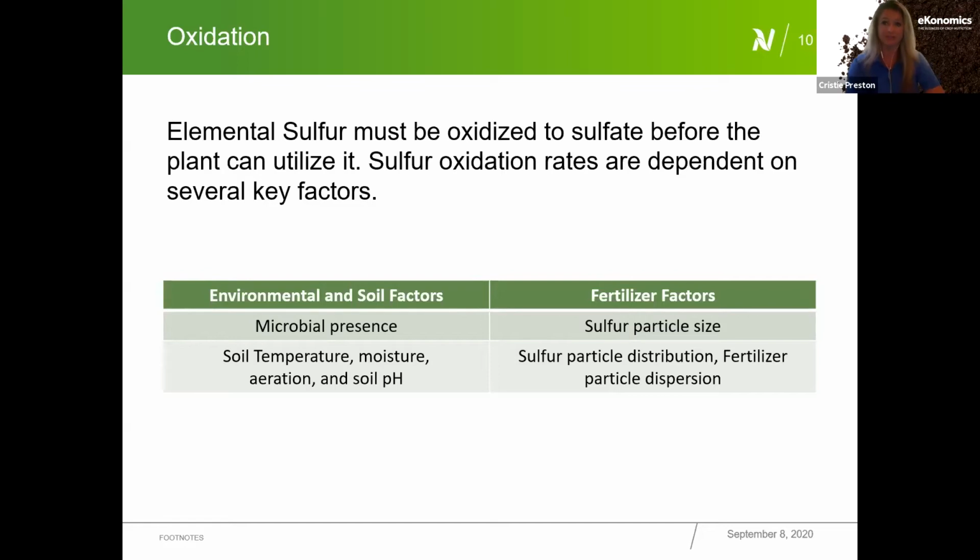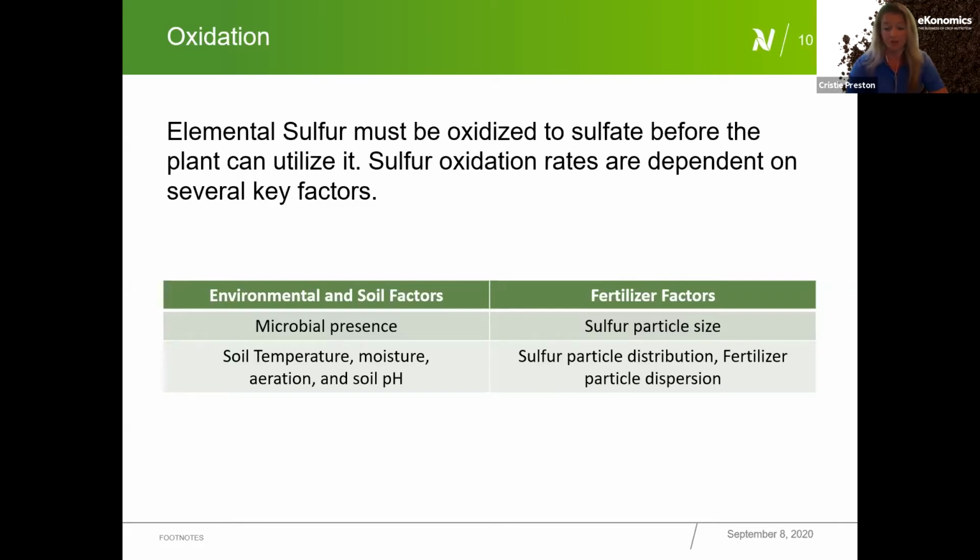But on the other hand, if we're looking specifically at the fertilizer sources, then we're looking at the sulfur particle size within the granule, the distribution within the granule, and the dispersion of that particle. And so if we're taking something like granular elemental sulfur, a 0-0-0-90 product, it might take months for that product to break down and oxidize into the sulfate to become plant available because the particle size is larger.